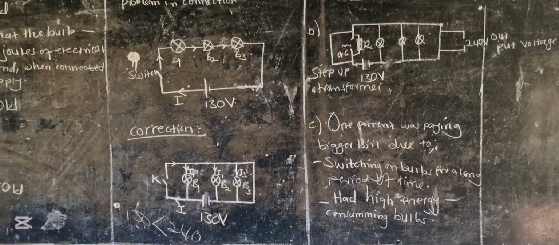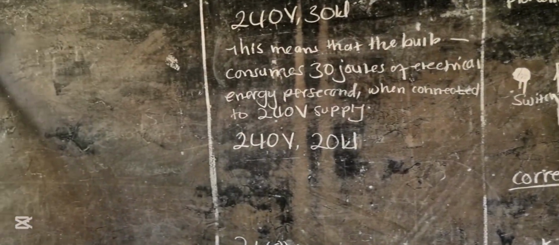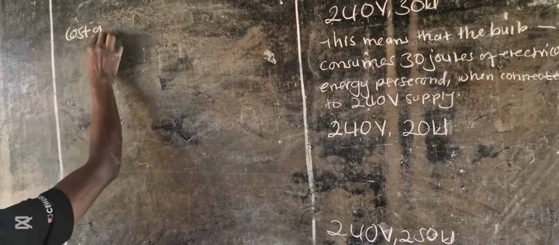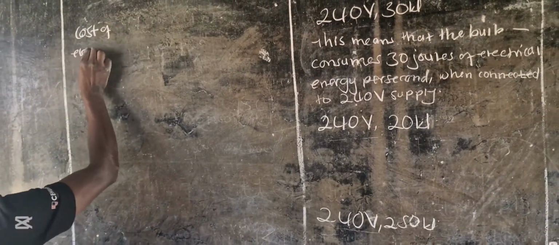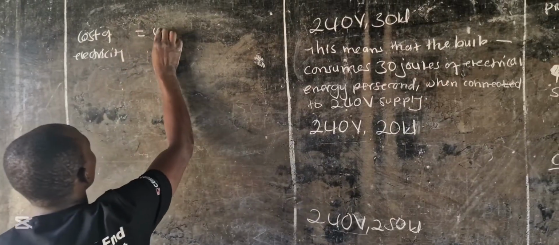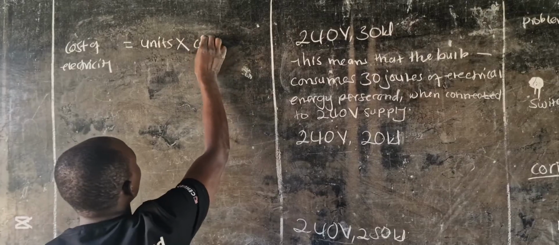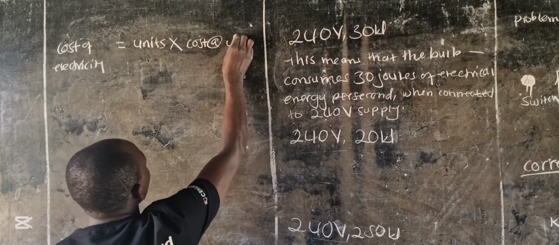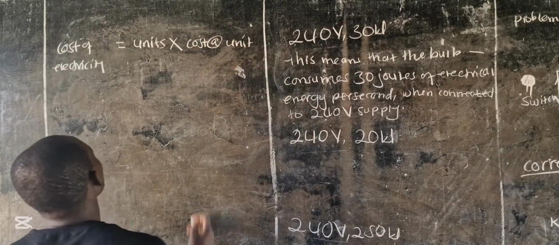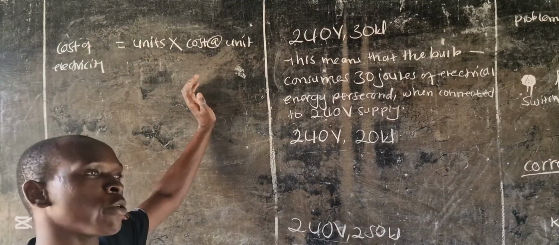So in this, we shall say the cost of electricity is equal to units multiplied by cost per unit. So to get the cost of electricity, we shall say units times cost per unit.